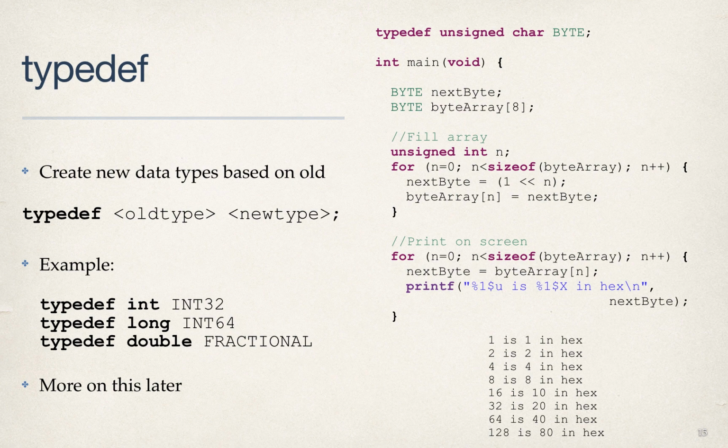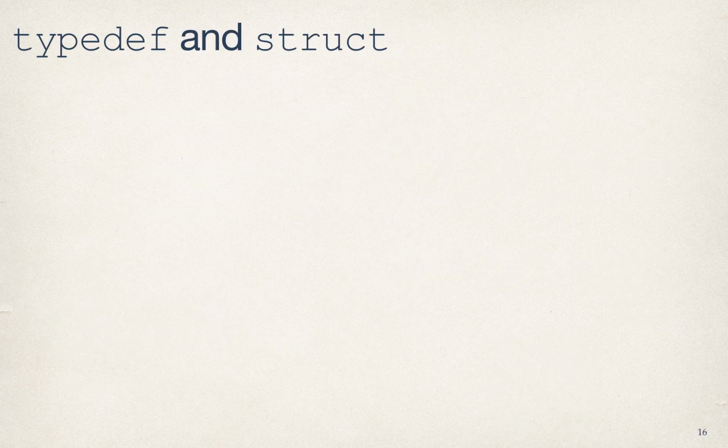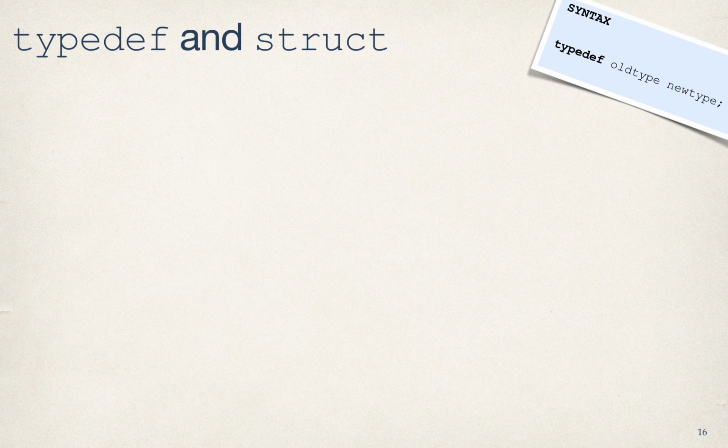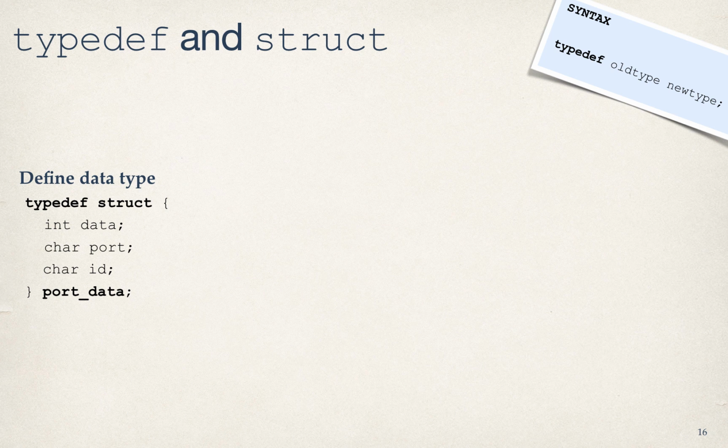Now, where typedef gets especially useful is with structures. So let's look at that. That's what I did in that demo. Remember the syntax. So we would use typedef the following way. Typedef struct, and then all the properties, and then the new name, port data.